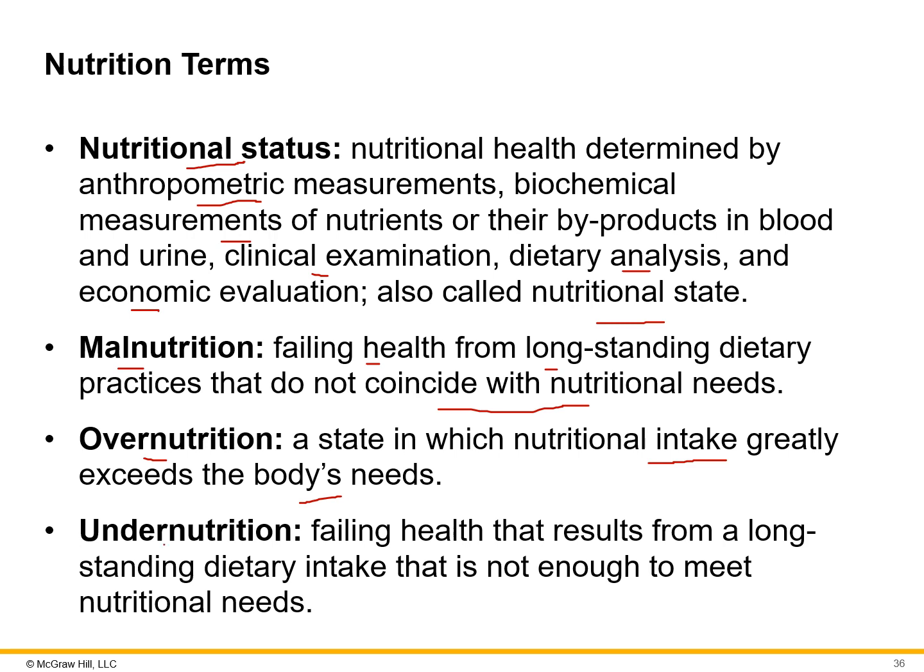And then there's also undernutrition, which is different. Again, with malnutrition, for a long time we're not meeting those nutritional needs. Undernutrition is failing health as a result of long-standing intake that's not enough to meet those nutritional needs.